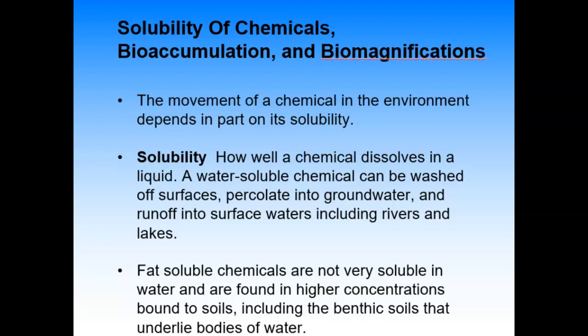So a chemical that's easily soluble in water can be washed off surfaces very easily. It can affect groundwater. It can run off into waters like streams, rivers and lakes. And then that can have a great impact on populations, especially in areas where people use water straight from a river for drinking and cooking.